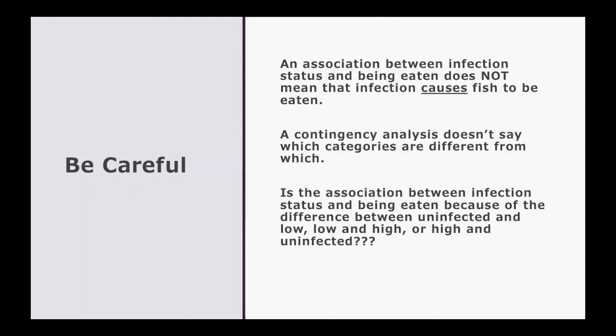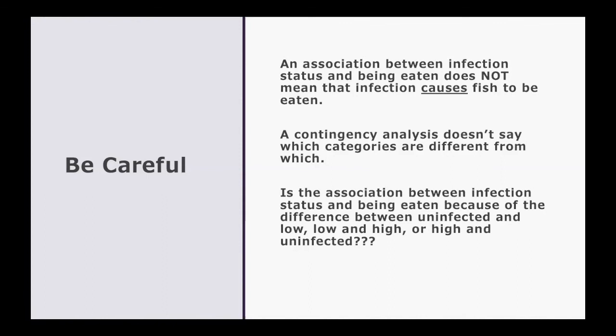But it is always possible that this association could be caused by some other underlying relationship or variable, sometimes called a lurking variable, that is in fact responsible for this relationship. But it's important to remember in any contingency analysis that we're always simply looking for associations. There's never any implied direction or cause of the associations.